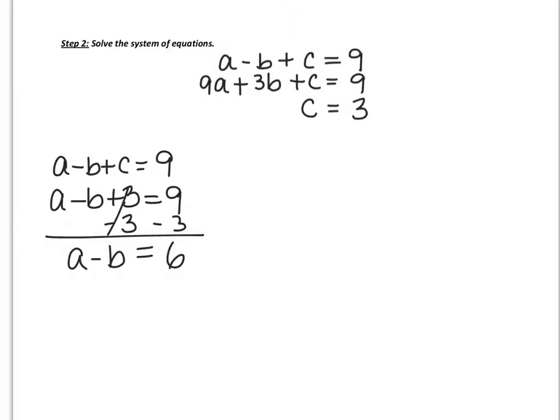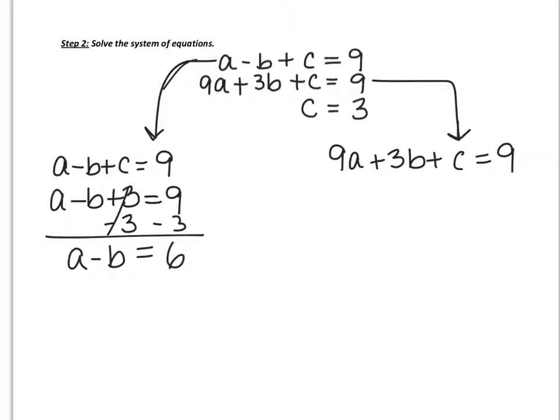All right, now I'm going to put the second equation and plug in 3. So 9a plus 3b plus c equals 9. Plugging in c is 3, we get 9a plus 3b plus 3 equals 9.